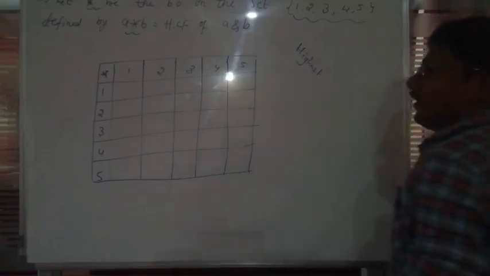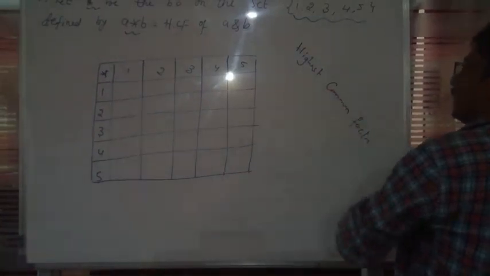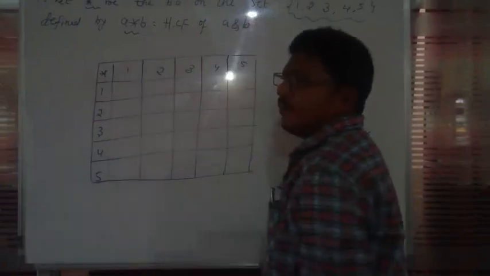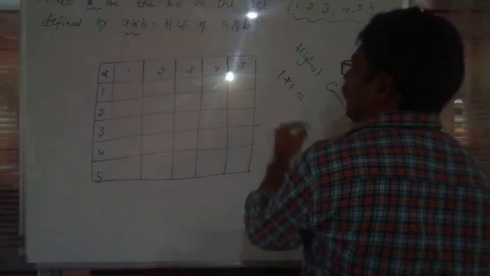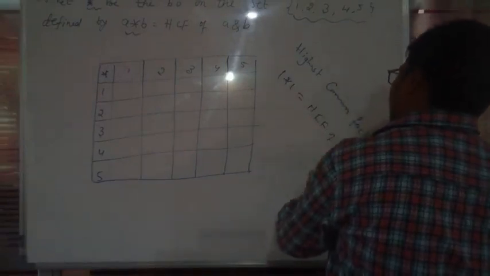Already in previous classes we learnt about the highest common factor. Okay, 1 star 1, what happened? A star B, these are considered as A and these as B. So 1 star 1 is equal to HCF of 1 and 1.